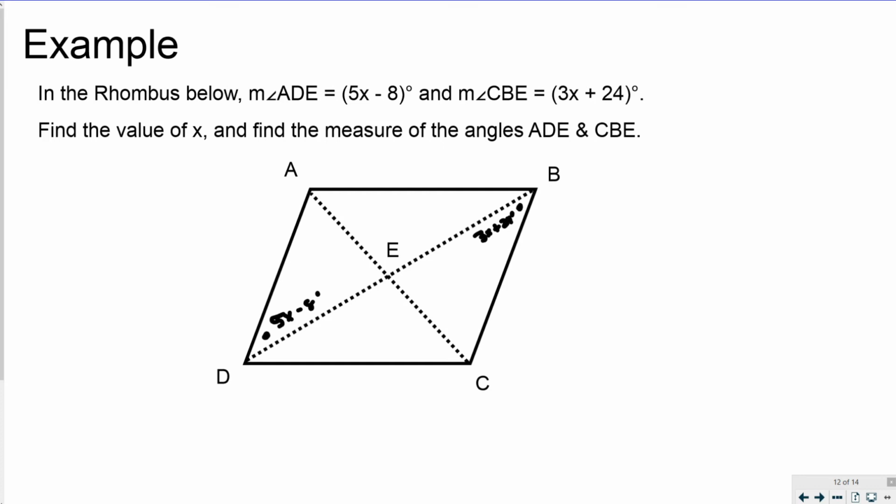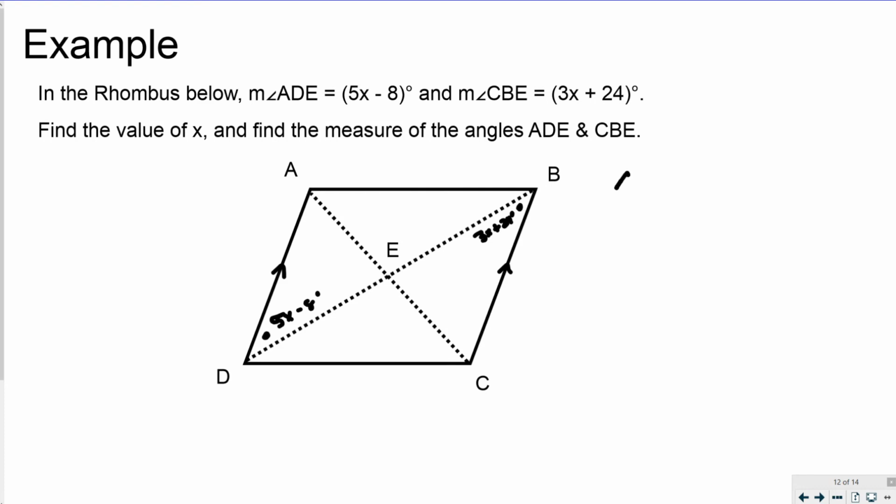Find the value of x and then find the measures of those two angles. Okay, I do know that these are equivalent. One thing that we do know about rhombuses is that not only are the sides congruent, but they're also parallel. So through the alternate interior angles theorem, this angle here and this angle here, the two that I've marked with my dots, have to be congruent.